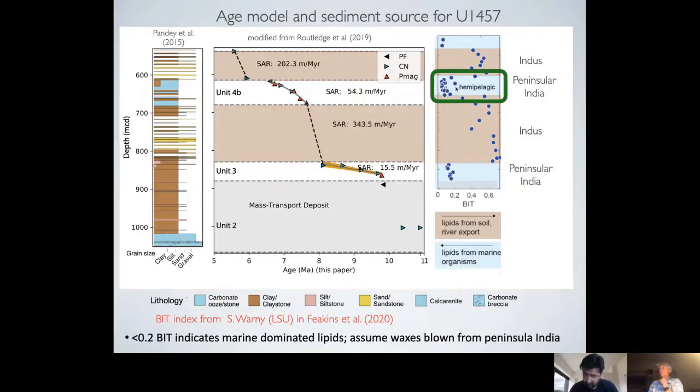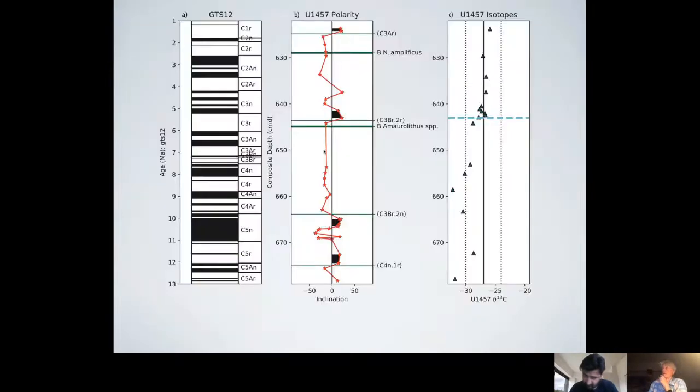So that's a zoom in of this. I'm going to show you this interval in here. Here's the magnetostratigraphy. Anybody who knows magnetostratigraphy knows how disappointed I was, but I do think that we were able to correlate into this time interval. So this is what used to be called Chron 6 and is now C3Bn, this thing, which has been tied, and we found the first appearance of Amaurolithus, and that has been tied to being right before this particular reversal.